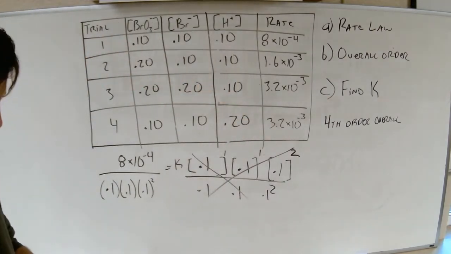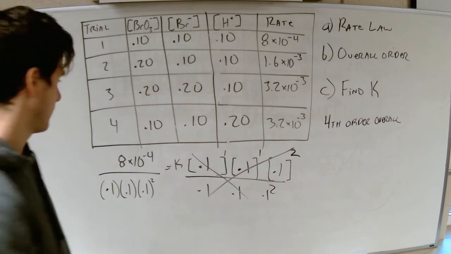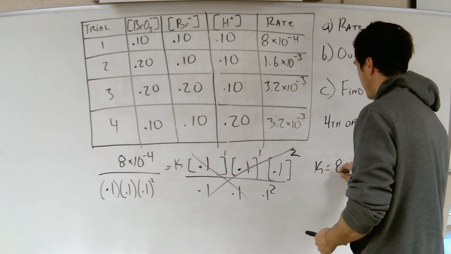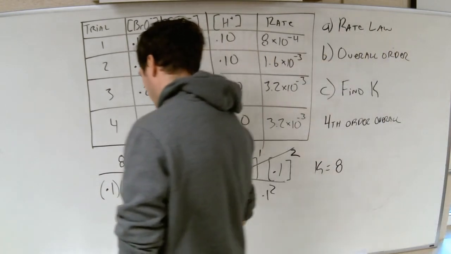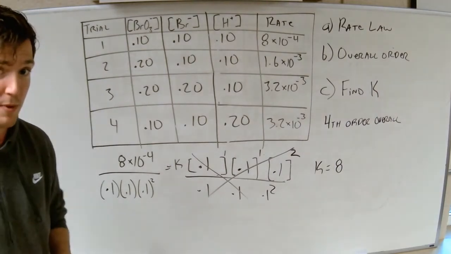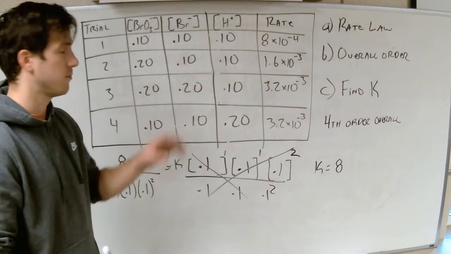Let's go ahead and figure this out. I think I have an idea of what it is, but I just want to be sure. Okay, so our K is equal to 8. Now, we got to figure out those units, okay? Remember, if it's zero order, it is no units.